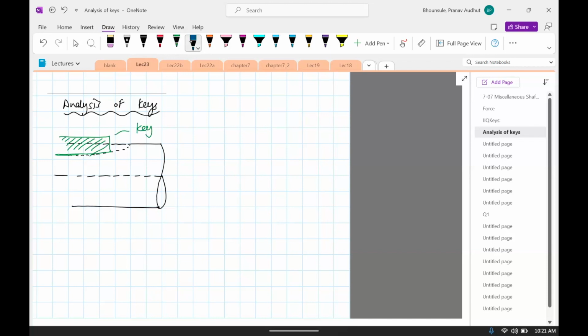There is a groove here. That groove lets you put the key inside. If you look at the side view from this side, then all you see would be a circle, and then the key would sit like this.